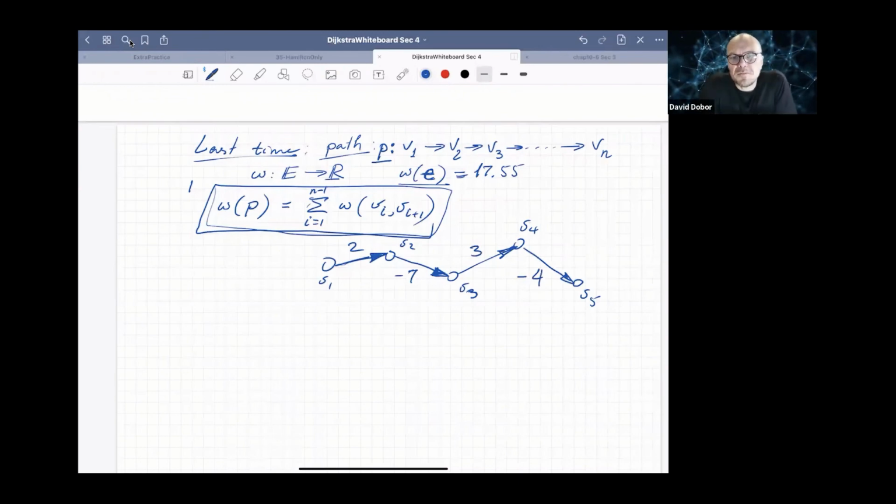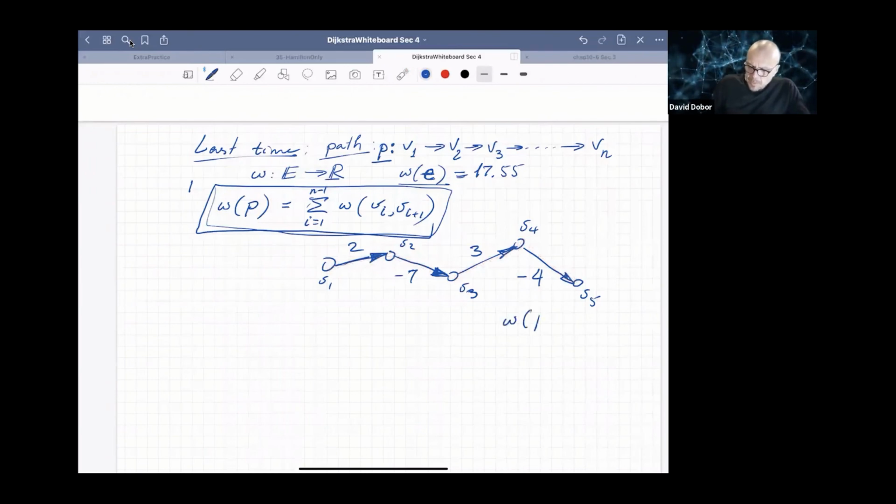So what's the cost of going from V1 to V5? There's no problem. You can find the cost just from the definition that we gave: simply add up the costs. The cost, again, is defined as the sum of the costs of the edges, and the costs are assigned simply to the edges. So you know that the cost of going from V1 to V2 is just 2. So 2 and -7 is -5, and +3 is -2, and then another -4 gives -6.